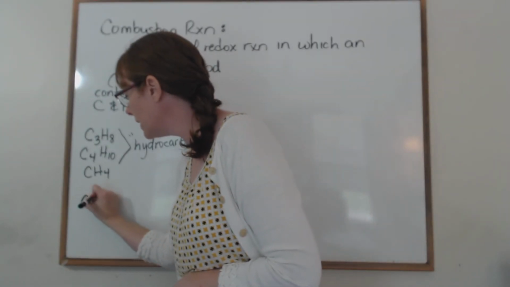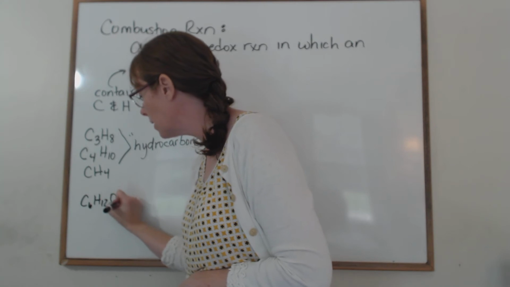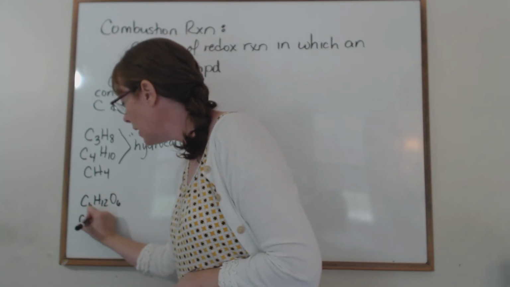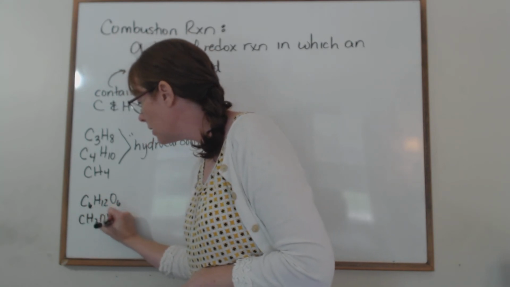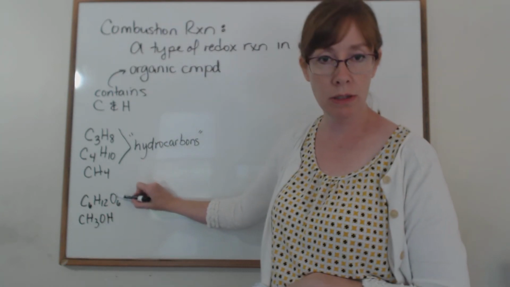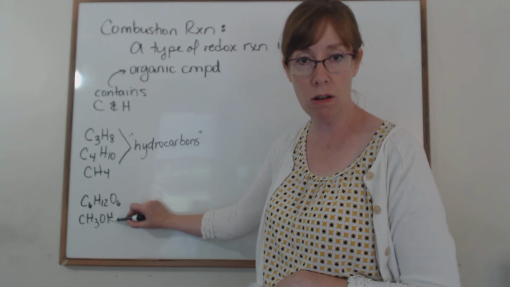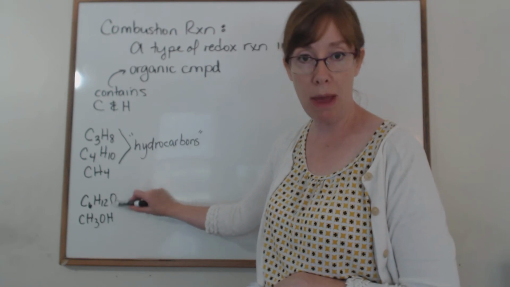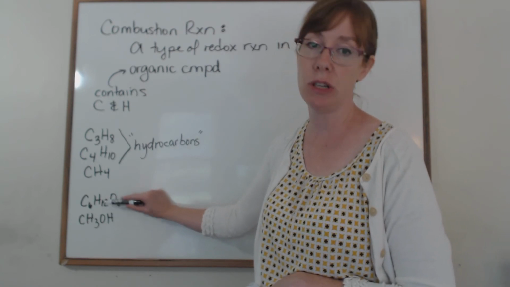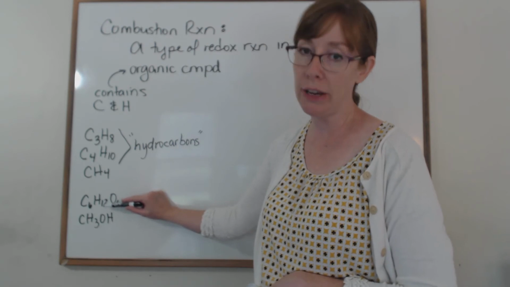Whereas something like C6H12O6 or CH3OH, that is glucose, sugar, glucose. That is methanol, which is a type of alcohol. These are both organic compounds too, because they contain carbon and hydrogen, but they're not hydrocarbons, okay?